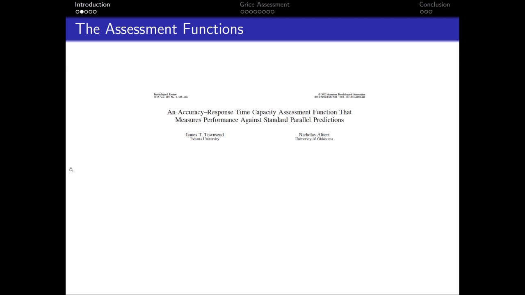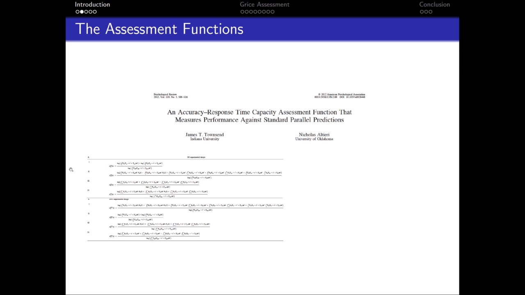One approach to assessing information usage across multiple sources is the collection of assessment functions proposed by Townsend and Altieri in 2012. The assessment functions are based on the logic of capacity coefficients, where a baseline model predicts how a person would perform, assuming they use unlimited capacity, independent and parallel processing.